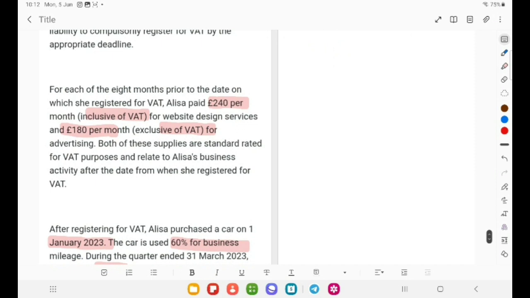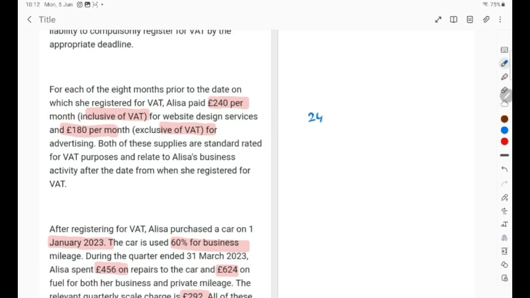This is 240 inclusive of sales tax. So inclusive of sales tax means 240 multiplied by 20 divided by 120, so it will be 1 by 6 and 40. And then 180 exclusive of VAT, so it is 180 multiplied by 20%. So this will be 36. So 36 for each of the 8 months, in the previous 8 months she has provided such services.